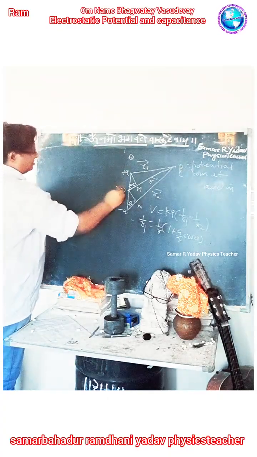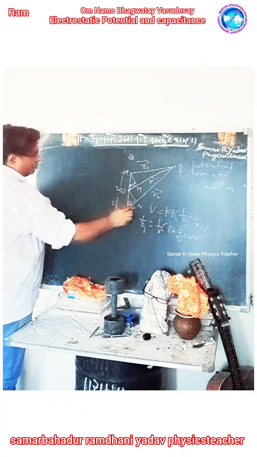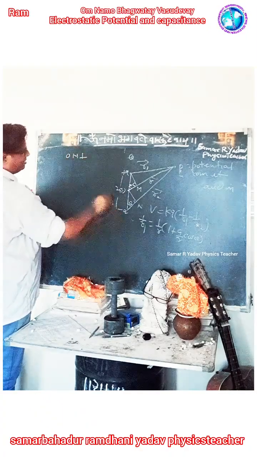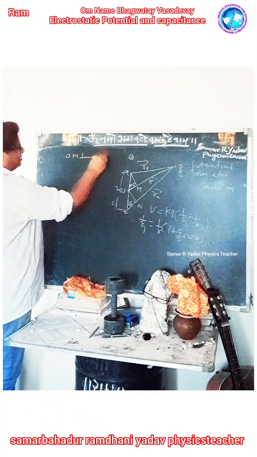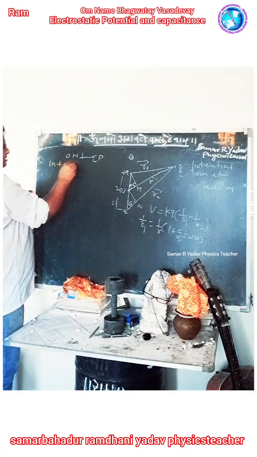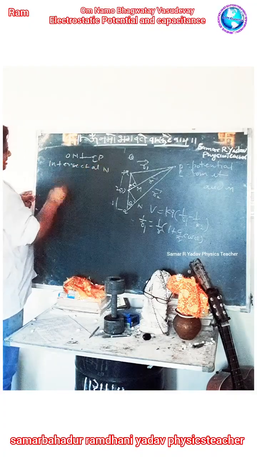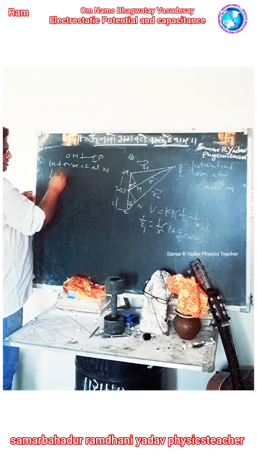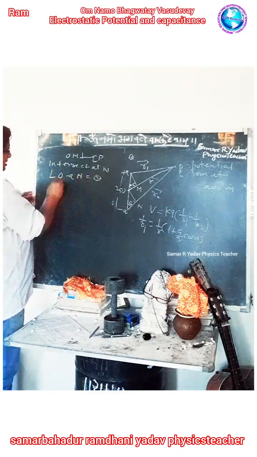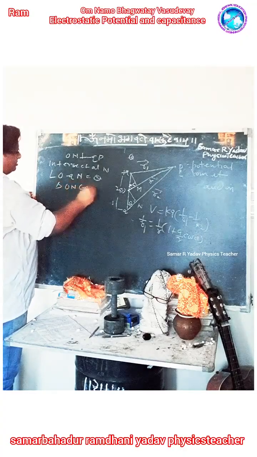Now again, ON is perpendicular on minus q P and intersects at N, and angle O minus q N is equal to theta, in the right angle triangle O N minus q.